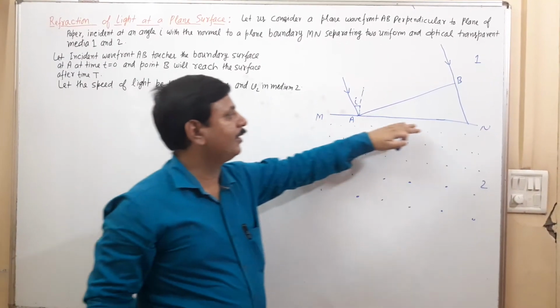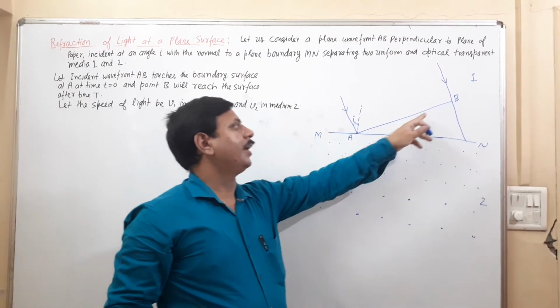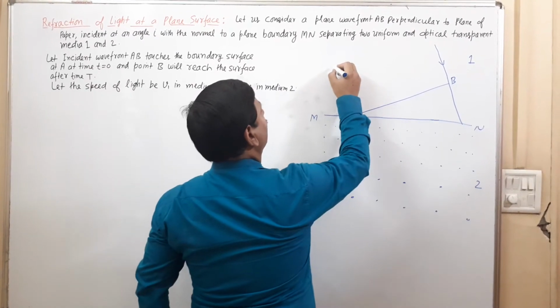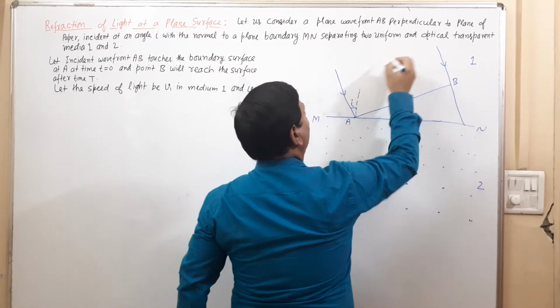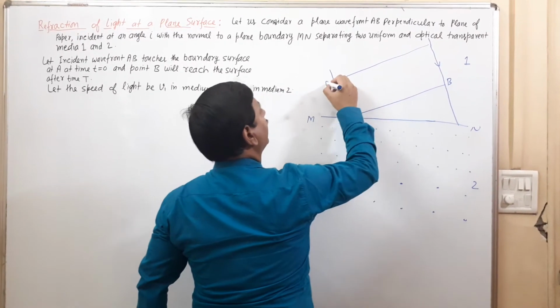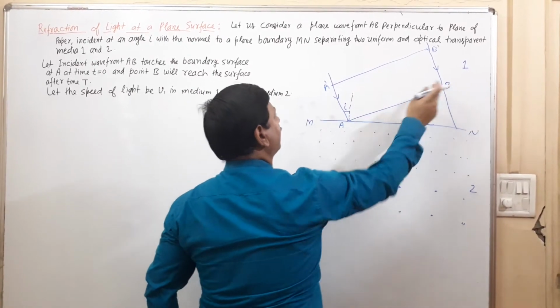So this is the boundary of the two media, 1 and 2. I have taken a plane wavefront AB, and you can draw the plane wavefront A dash B dash here.